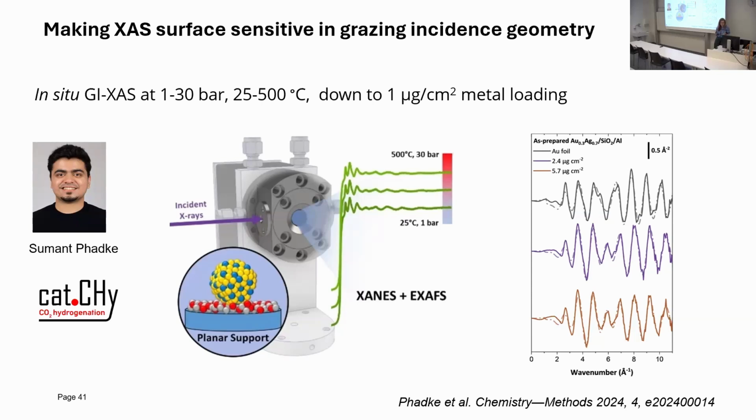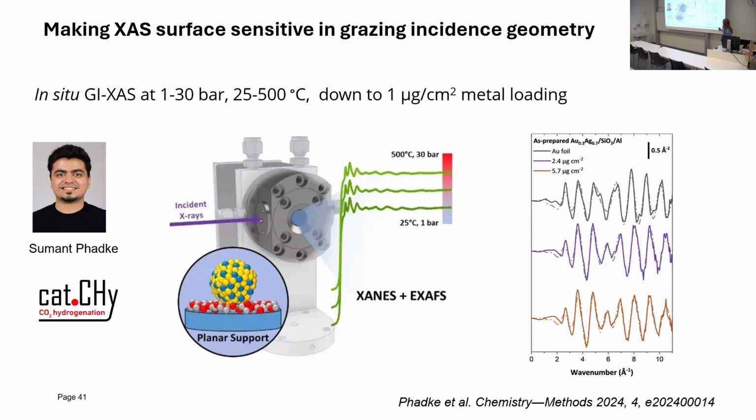This cell was designed by Sumant within an EU project on the model CO2 hydrogenation catalyst based on physically made nanoparticles, made from the cluster source. And this cell can also go to 20-30 bar pressure and temperatures up to 500 degrees Celsius, and measure high quality XAS of the catalyst with such loading.